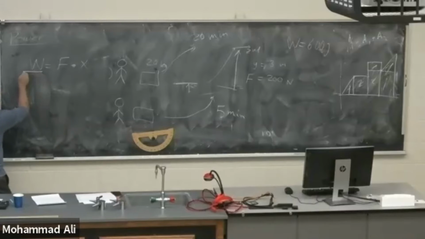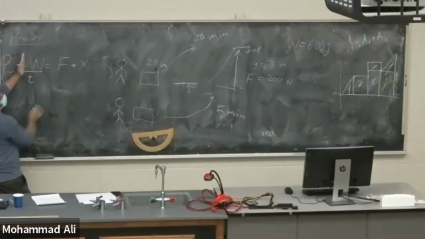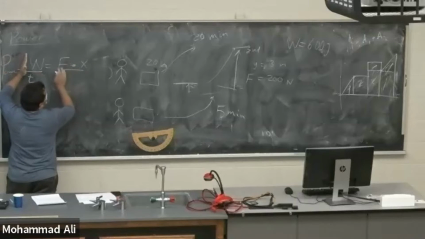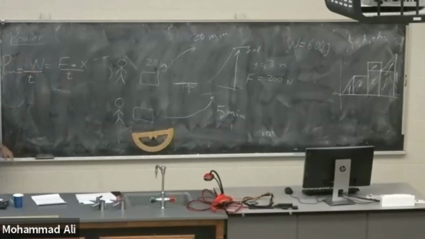So the work divided by the time is equal to the power. If we divide the work by time, the power is the work done during the time.